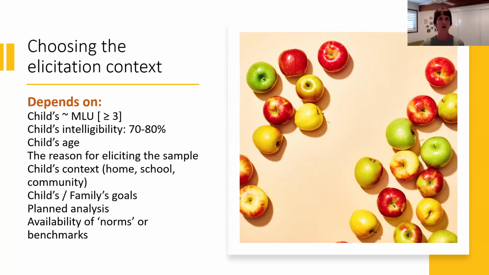I don't think you need to go through transcribing 50 utterances or listening to an audio file to transcribe 50 utterances and so on. Then consider the reason for eliciting the sample and the child's context. What does the child do on a daily basis? What does the child want to work on? So what are the child's and family's goals? Your planned analysis, and then the availability of norms or benchmarks.